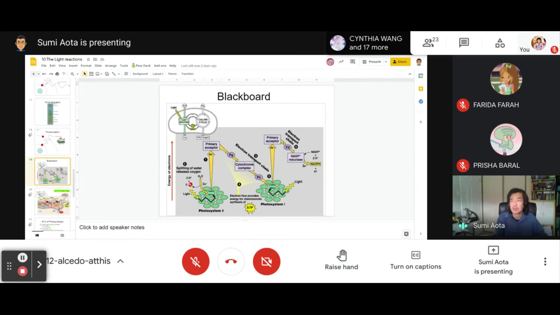Any questions from Friday regarding what we covered in that Z diagram?